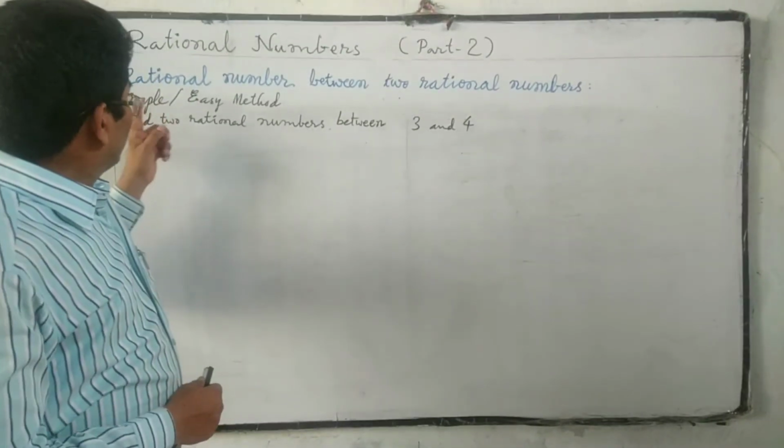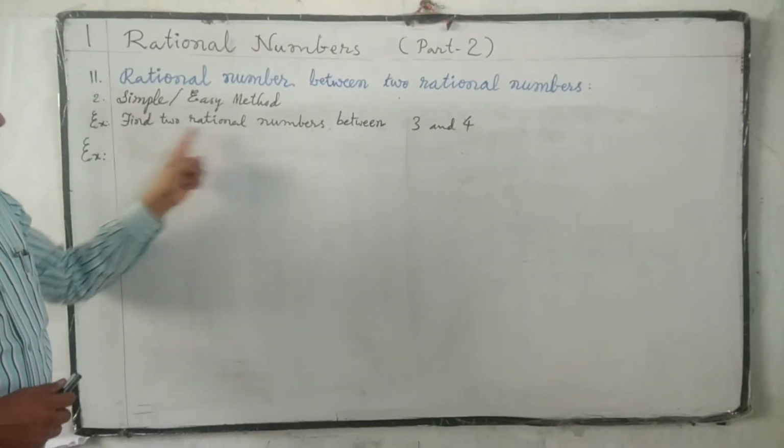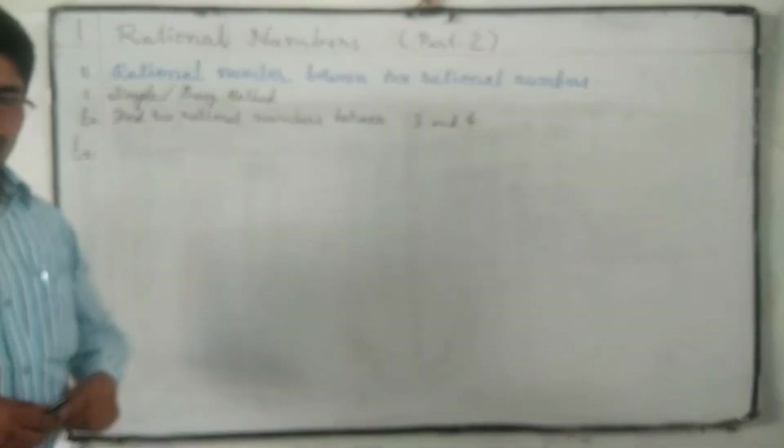In this simple or easy method, one example: find two rational numbers between 3 and 4.